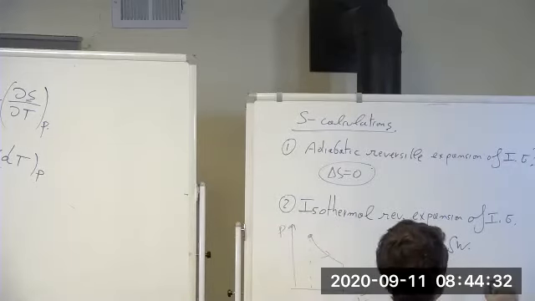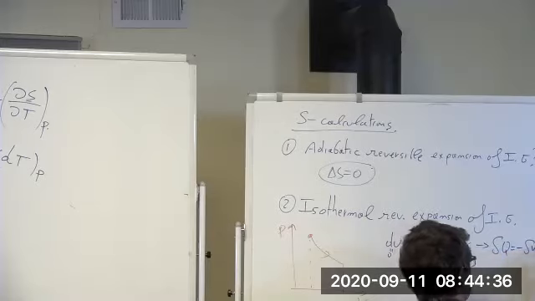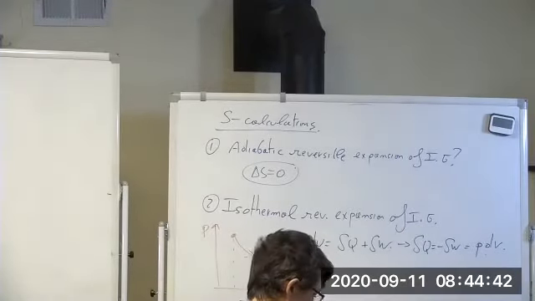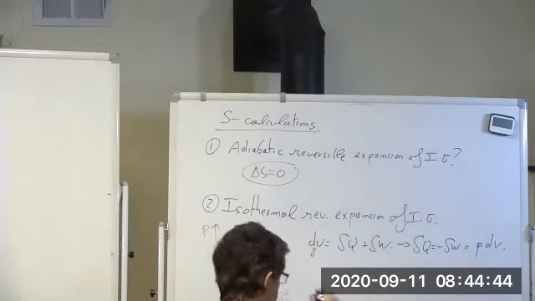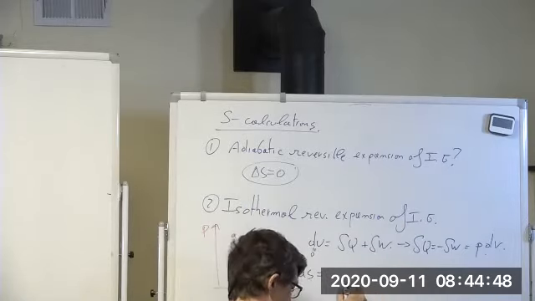So dQ is equal to minus dW, so it's equal to P dV. So that means that dS, which is dQ over T, is P dV over T.